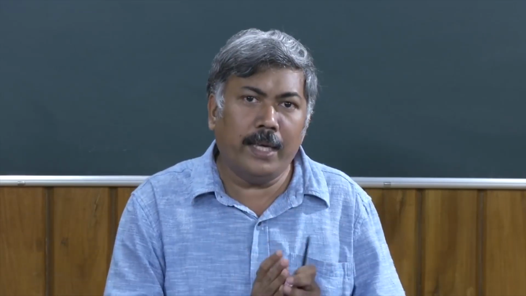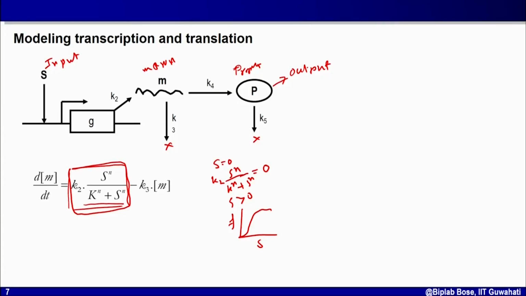So when I am multiplying that with K2, the overall rate of transcription is also behaving sigmoidally and reaching the maximum value K2 at the maximum value of F, that is the Hill function. So this rate of transcription has a sigmoidal behavior with respect to S, and K3 into M is nothing but first order degradation of the mRNA.